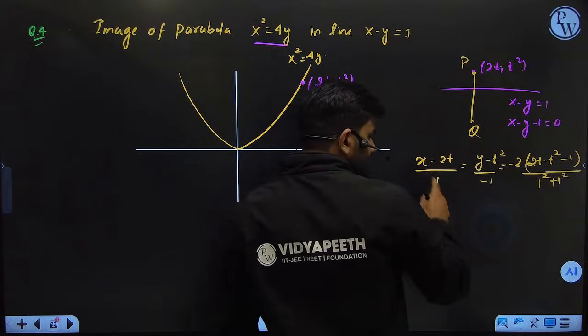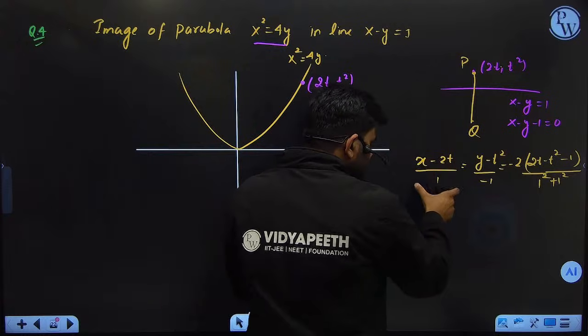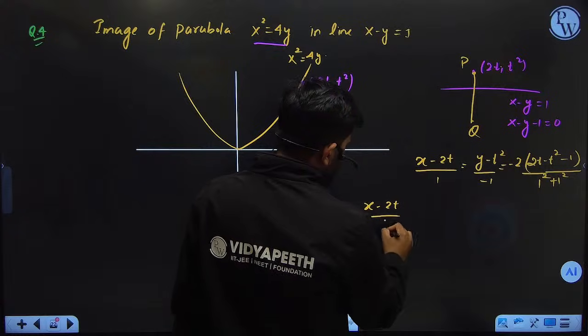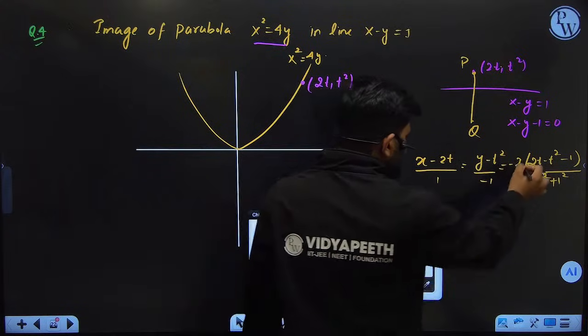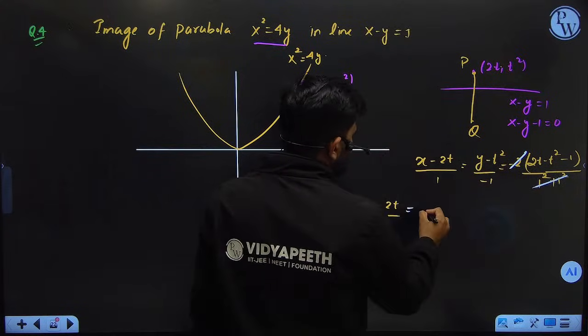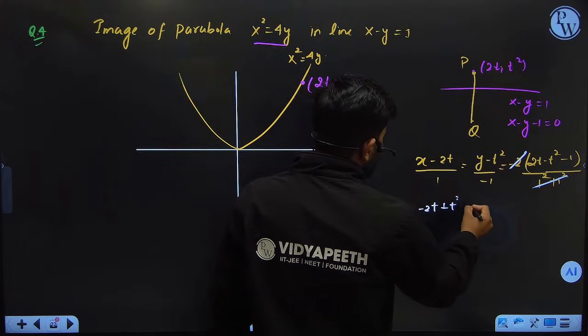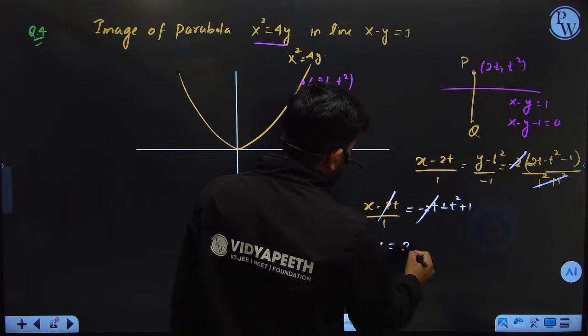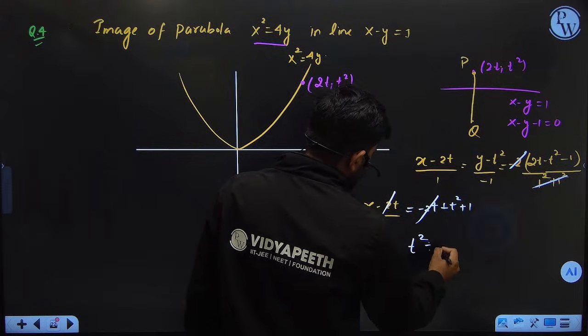If we compare the first and last part, x minus 2t by 1 equals minus of 2t minus t square minus 1, so it will cancel out, and x equals t square plus 1.